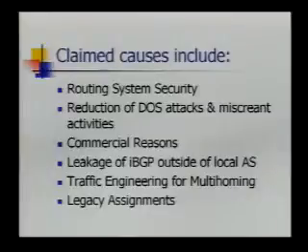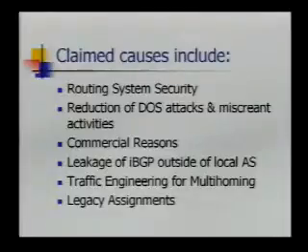For the claimed causes of deaggregation, we put some text around each one of those. These are some of the claims that I certainly have heard. I've given loads and loads of BGP tutorials, not only in the NANOG forum, but in many other network operations groups around the world. In those I talk about deaggregation and why this is really not a wonderful idea.